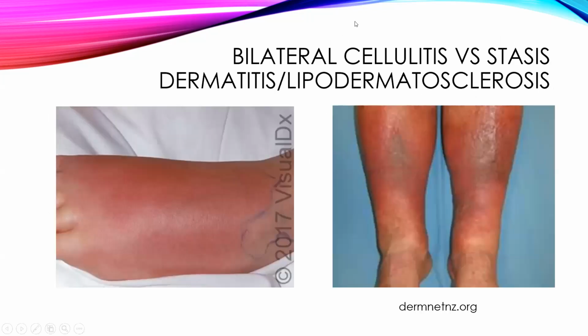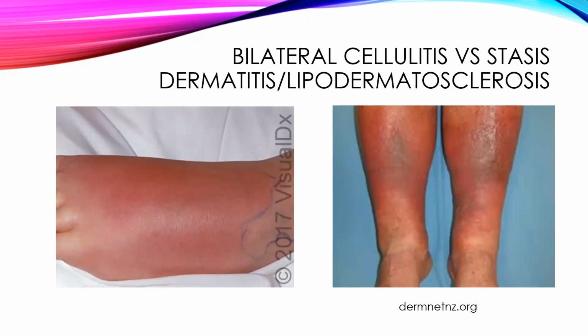And lastly, we're going to talk about bilateral cellulitis of the lower extremities versus stasis dermatitis or lipodermatosclerosis. So the first thing to comment on is that patients will often present to the ER or to an urgent care with red, swollen lower extremities.